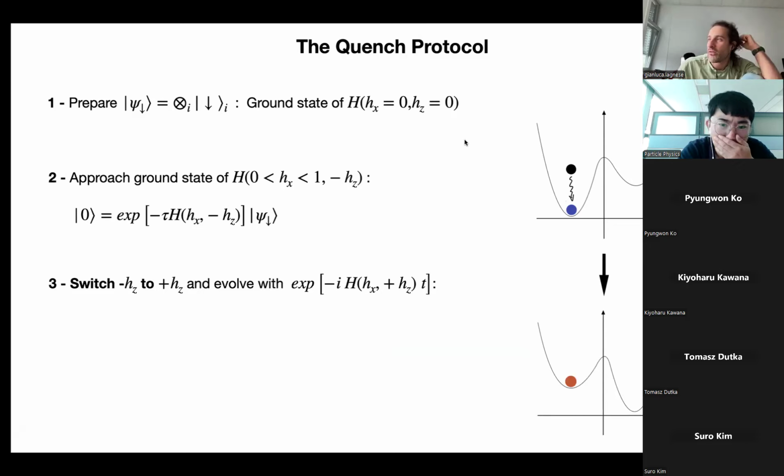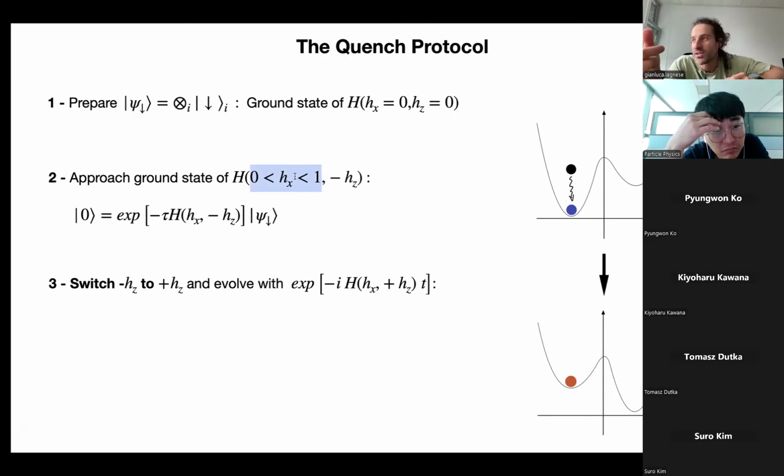The reason why we perform this imaginary time evolution is that in this case we want to neglect the effect of the transverse field in the quench. So the kick that we give to the system with the transverse field in the quench, we want it to be as small as possible because we only want to detect the effect of the instability of the state due to the change of sign of Hz, so of the longitudinal field. We don't want to kick the system by changing the transverse field like we did before, basically.